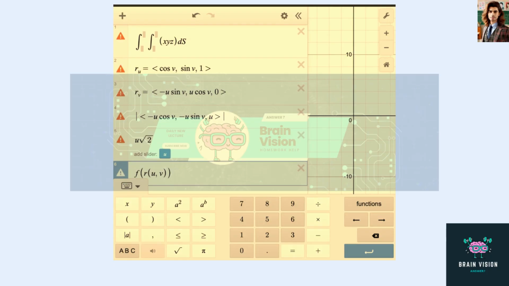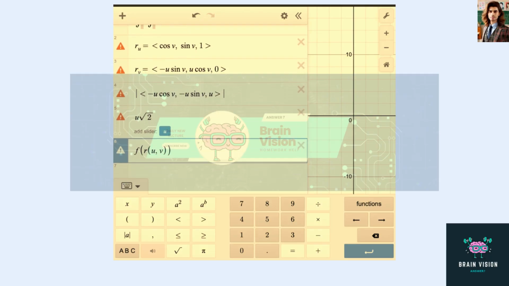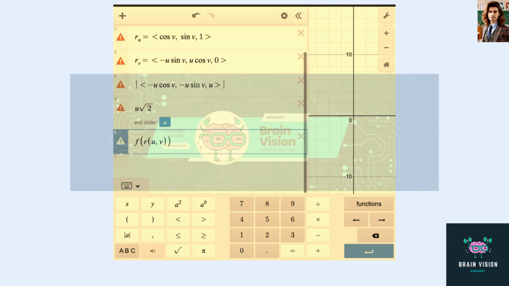So what we'll end up getting as a result is going to be u cosine v times u sine v times u. So this will be equal to u cubed cosine v sine v. And this comes from what we solved for earlier.